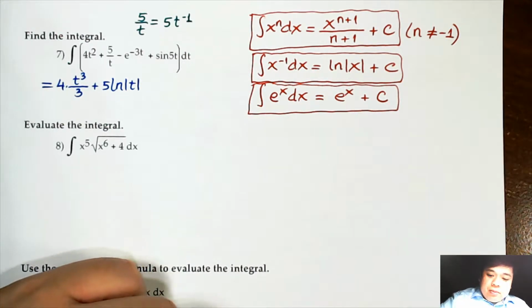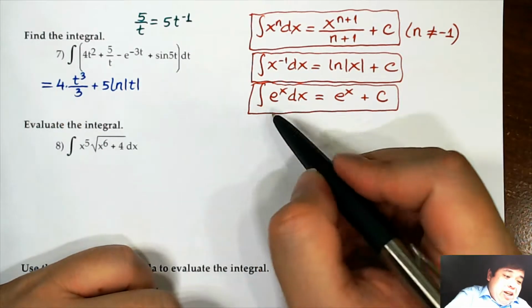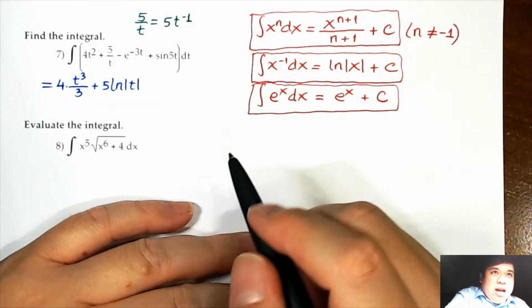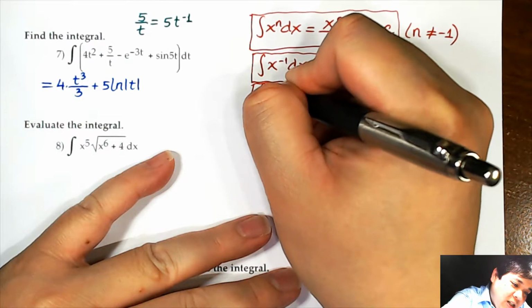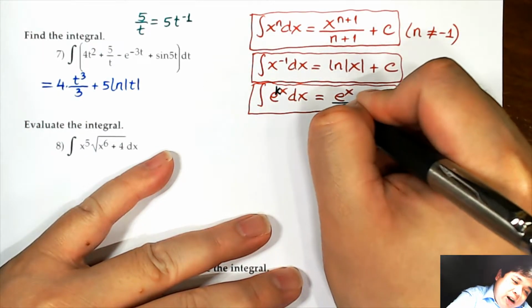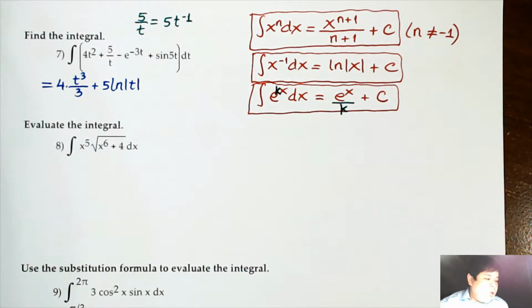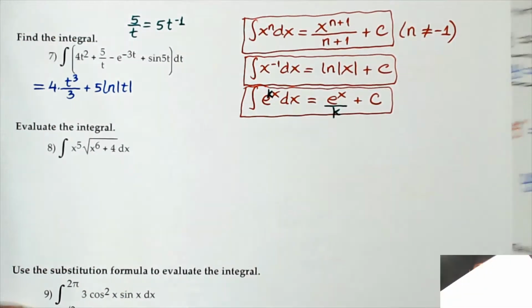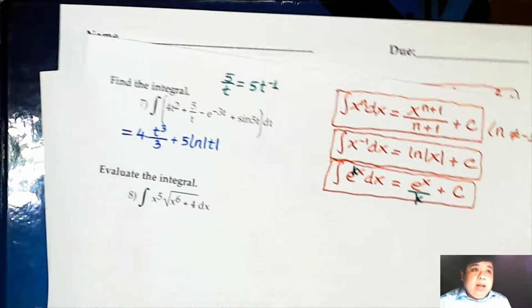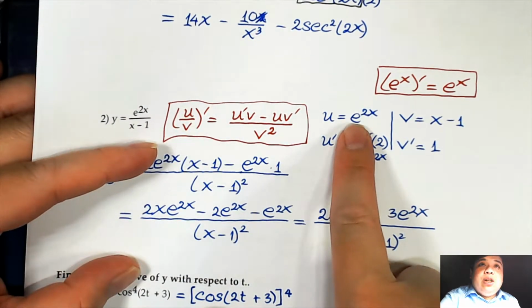Right. Now, e to the negative 3t. We know that e to the x is going to be the same thing. If we have a constant k multiplied by it, we're going to divide by k. So a rule to remember this, to memorize it. Remember, this is antiderivative. Earlier, we had derivative of e to the 2x.